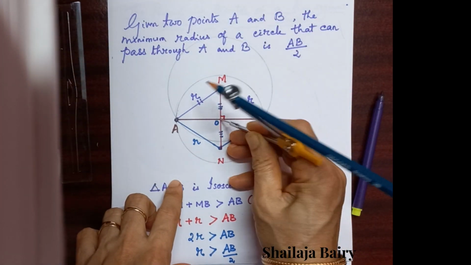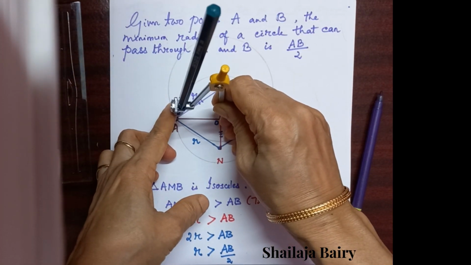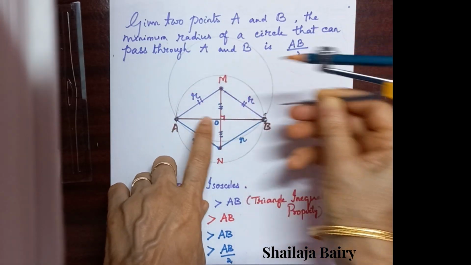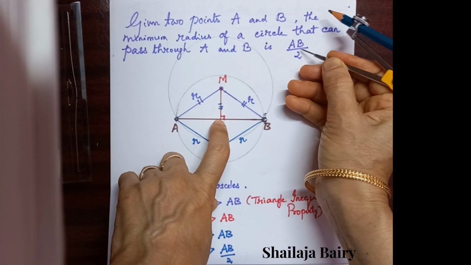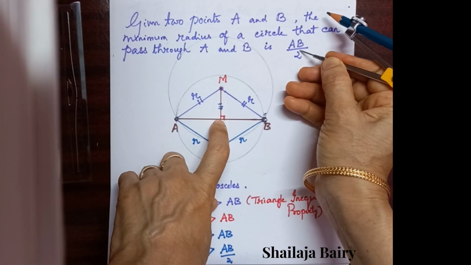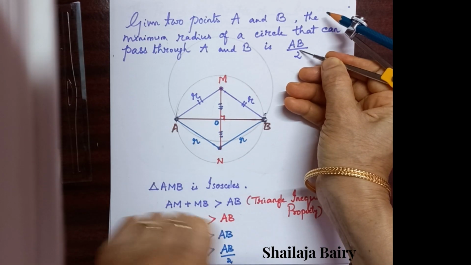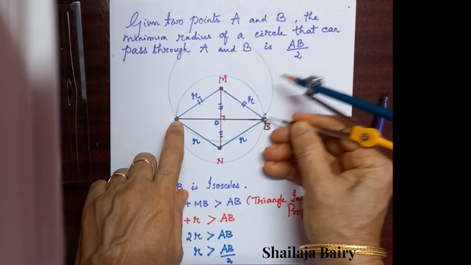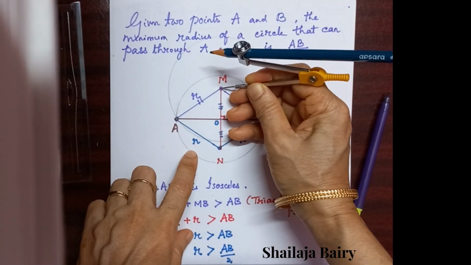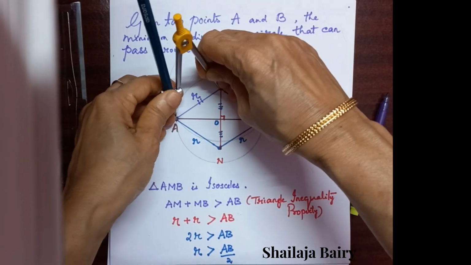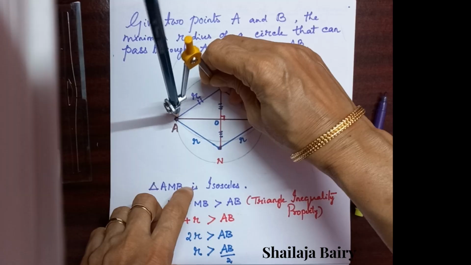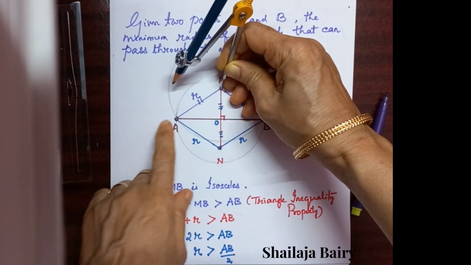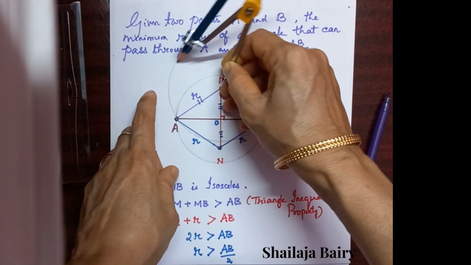Previously we drew with half of AB, and that AB became the diameter, and that was at least half of the distance given. But now more than half is also okay, as this radius is more than half. I can take more than half of AB and still draw a circle covering both A and B. So A and B are points on this bigger circle also.